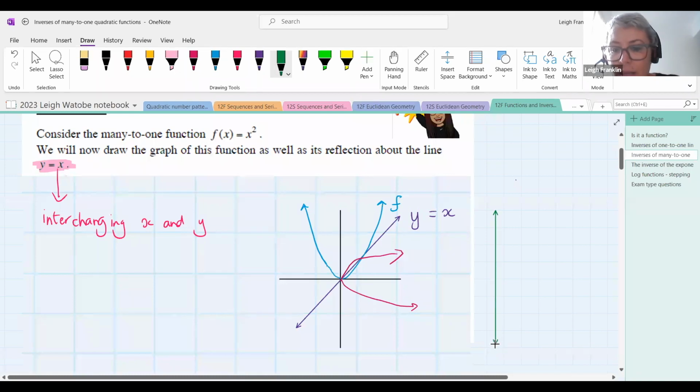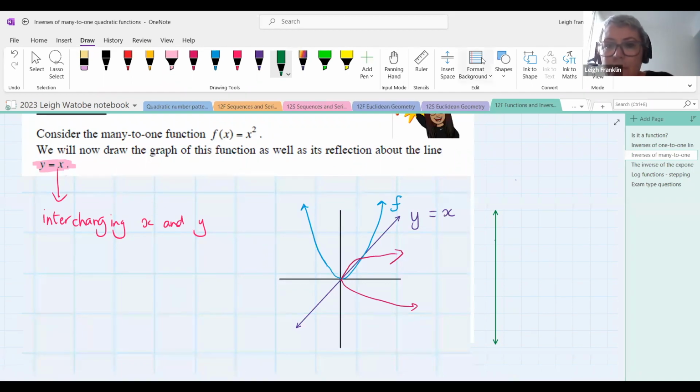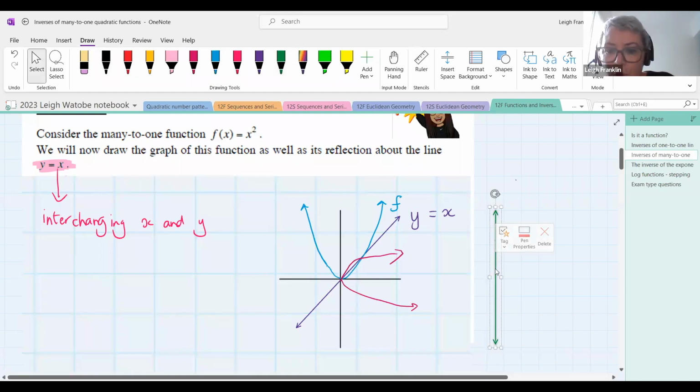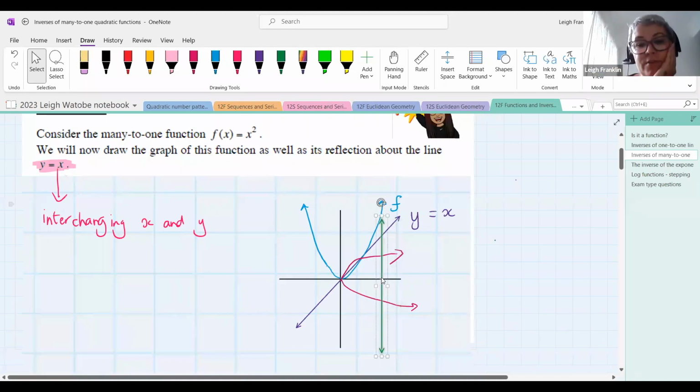If we move our vertical line over to the left-hand side, we can see that our red line cannot be a function because it fails the vertical line test. What we're seeing here is that one x value has more than one output, so it is not a function.